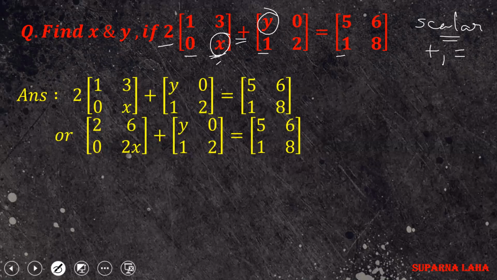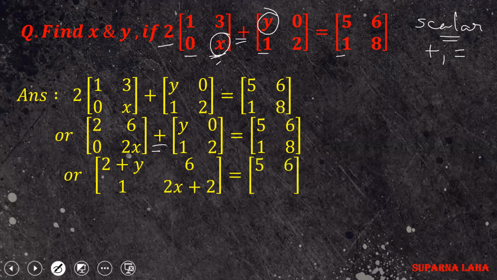Now add them. We have to add their corresponding elements. So that will be 2 plus Y, 6 plus 0 is 6, 0 plus 1 is 1, and 2X plus 2, is equal to 5, 6, 1, 8. Now if two matrices are equal, their corresponding elements should be equal.